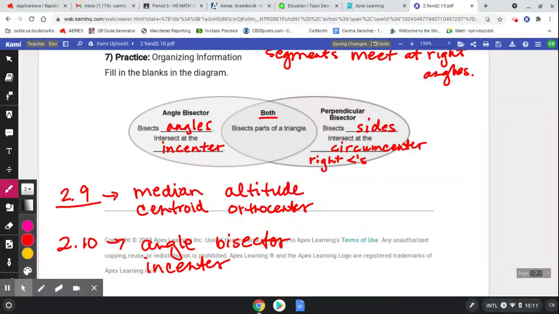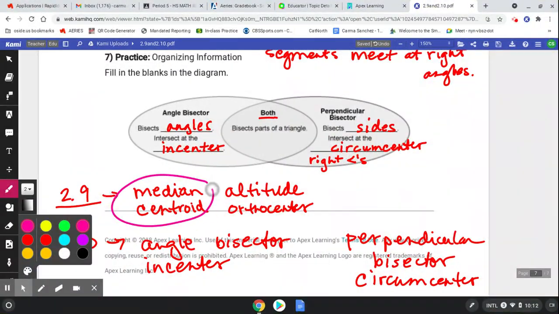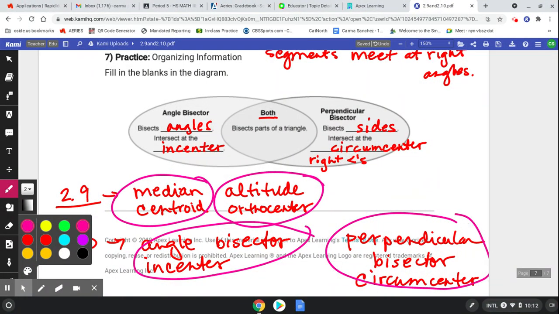And then we got a perpendicular bisector, and we found that that has a circumcenter. So these words go together, and we have to be familiar with them, okay? How'd you do?